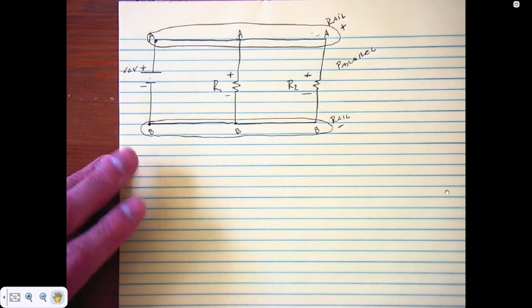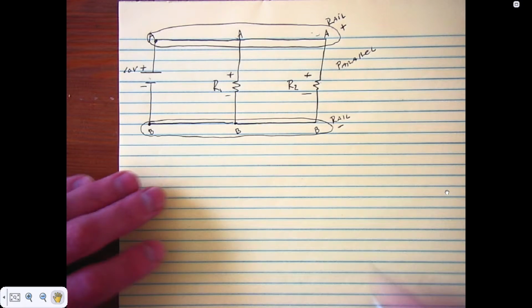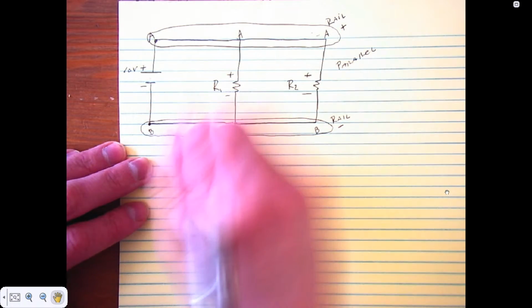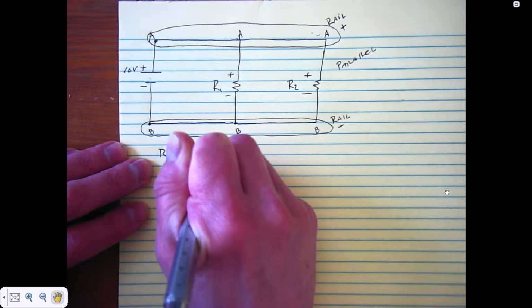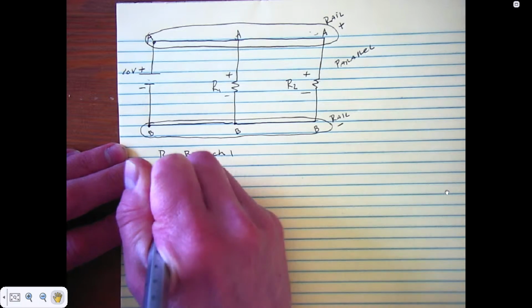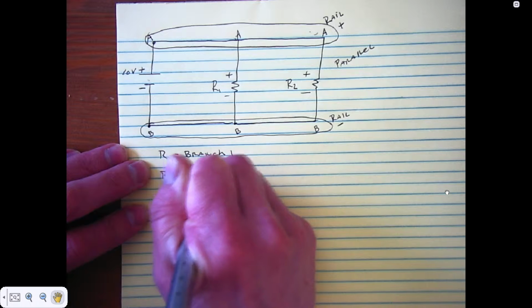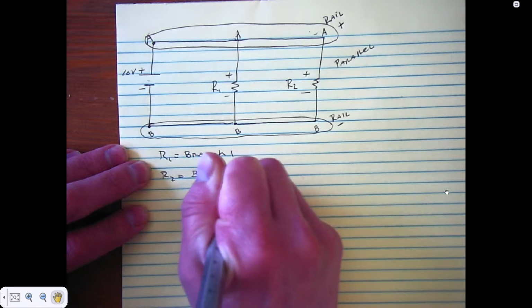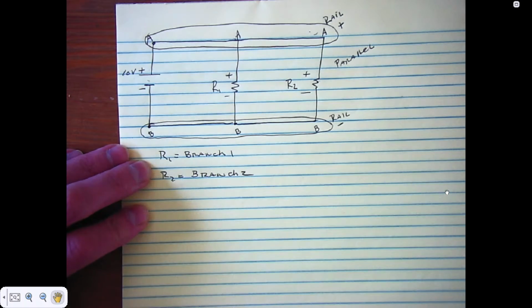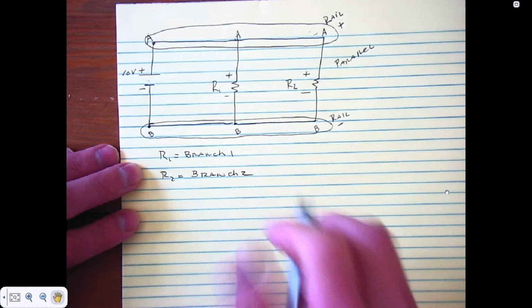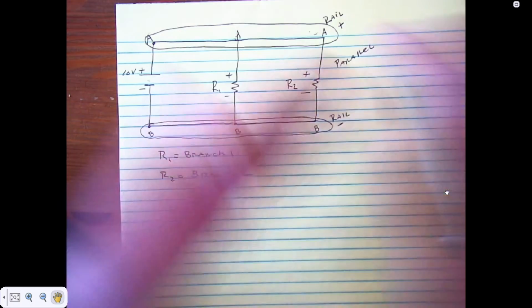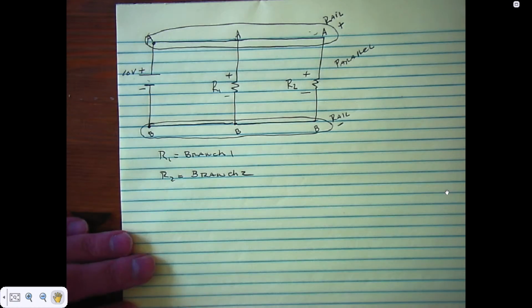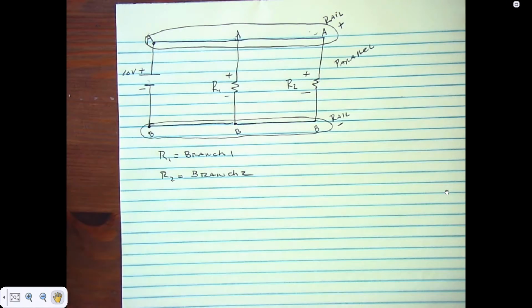Good. So we got that out of the way. So what we could call R1, we're going to call that branch 1, and R2 is equal to branch 2. So if we have multiple branches in our circuits, there's a couple unique things that happen to the circuit itself.